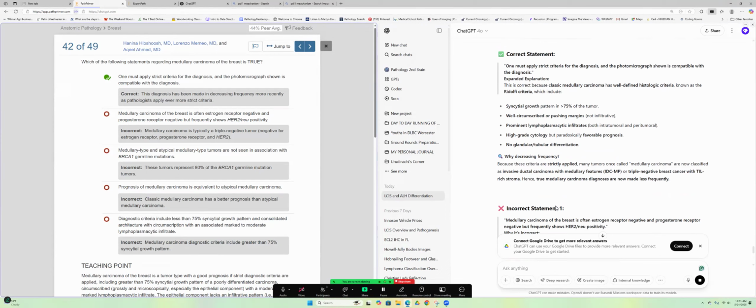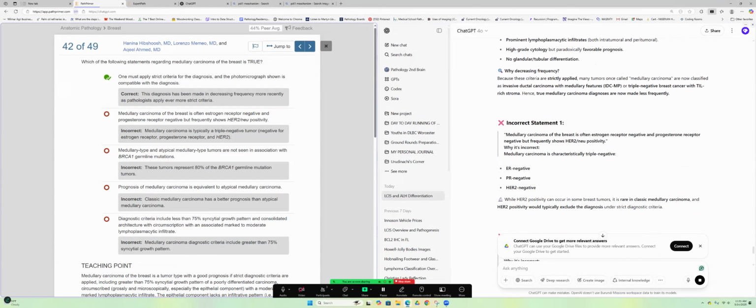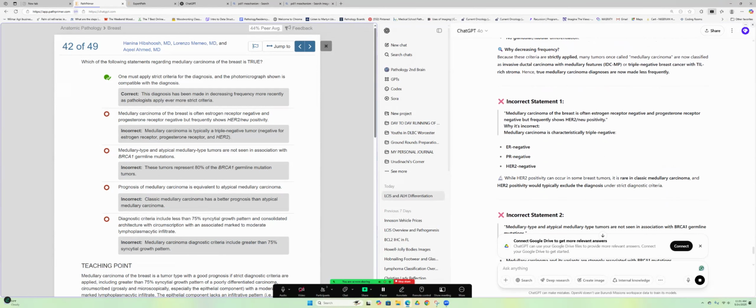Then, medullary type breast tumors are not seen with BRCA1. That's also not correct. 80% are seen with BRCA1. Progression of medullary carcinoma is equivalent to atypical medullary carcinoma.